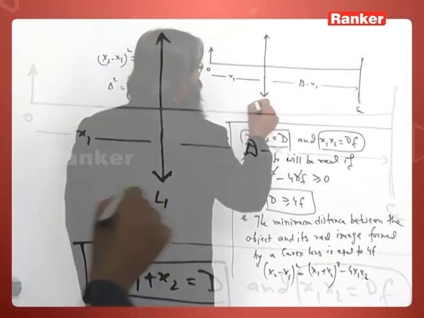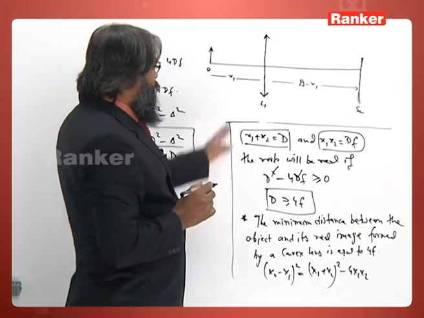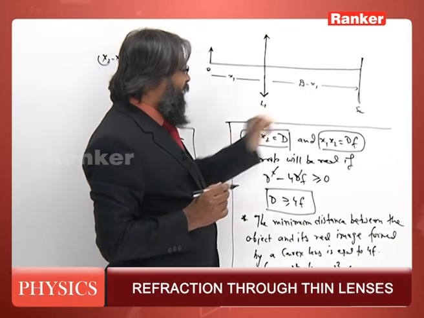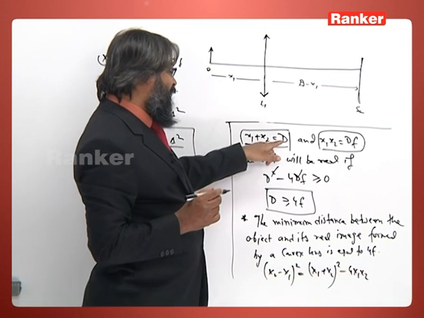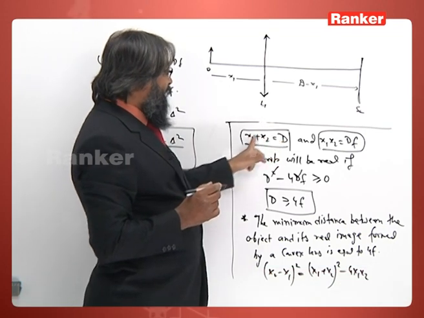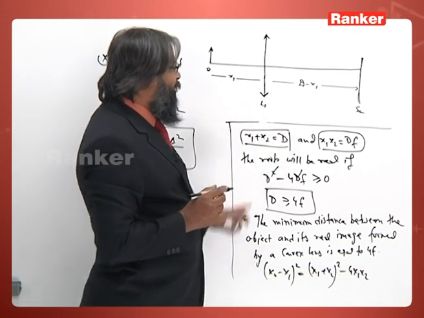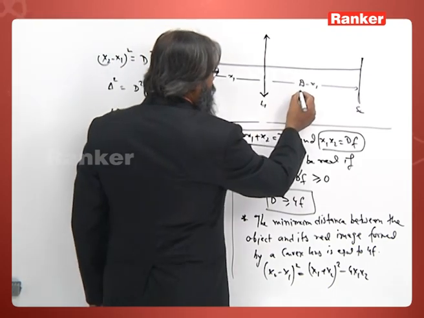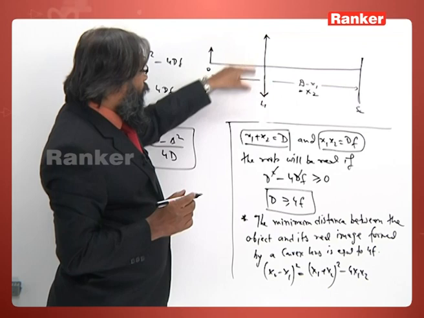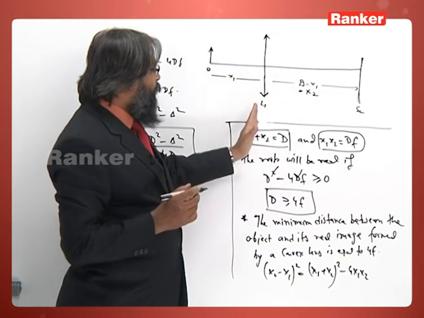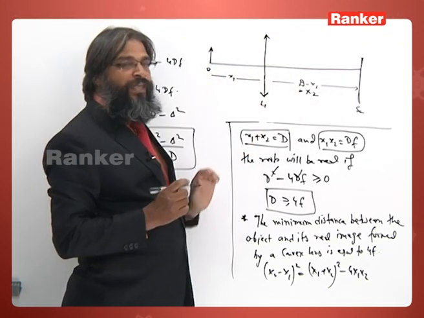This is the first lens position L1. Now, you see here x1 plus x2 is d. That means, if I bring x1 this side, x2 will become d minus x1. That means d minus x1 is x2. So, this is how the first image is formed due to the first position of L1.